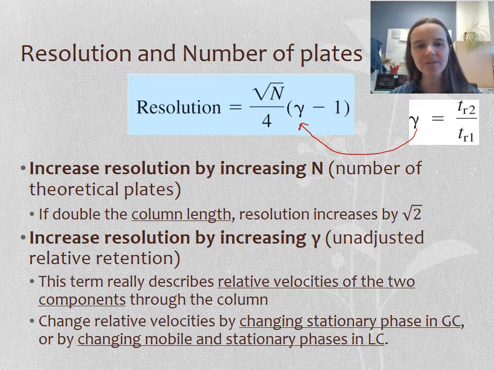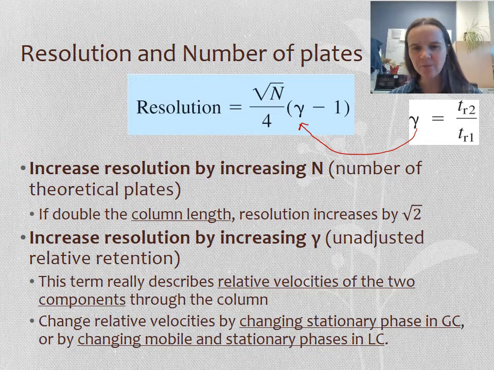You can also increase the resolution by increasing gamma, which is that unadjusted relative retention. Because that is telling you about the relative speed at which different analytes are going through your column, basically the relative likelihood that they're going to interact with the stationary phase, you can mess around with gamma by changing the stationary phase itself, how polar or nonpolar it is in HPLC, for example. And also you can change the mobile phase.